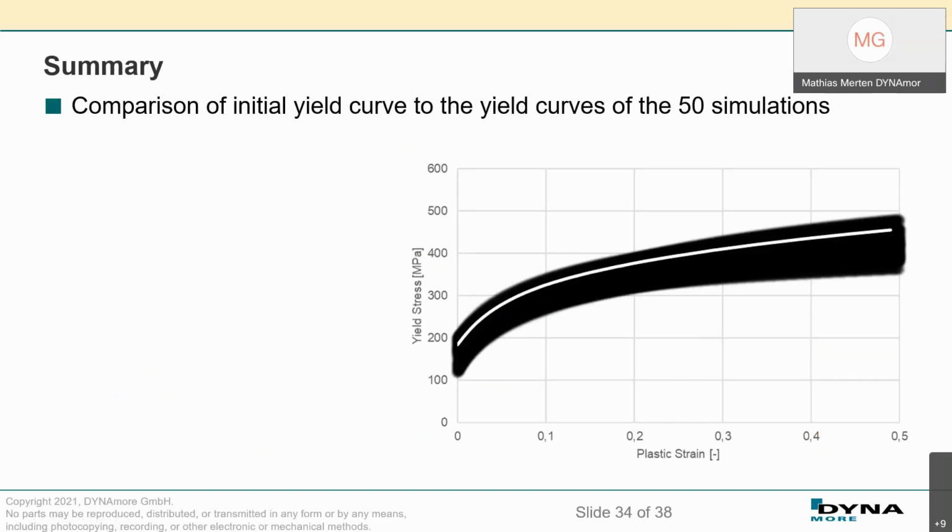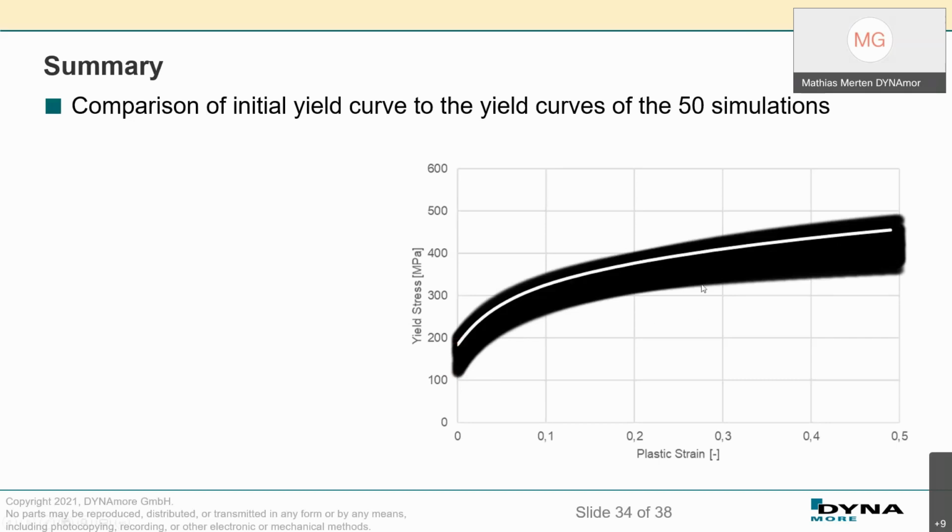And in white, you can see the yield curve used for our initial simulation, based on the material library. So it's definitely inside the range, but the range is really huge. It's nearly a factor of 2 in the yield strength, and this may give a reason for this variance in the thinning.